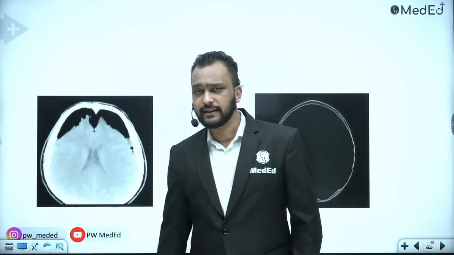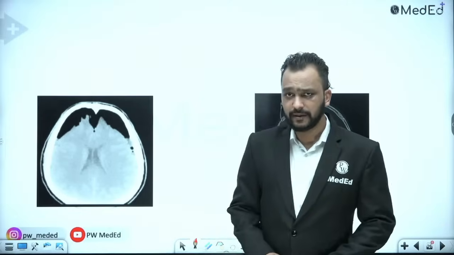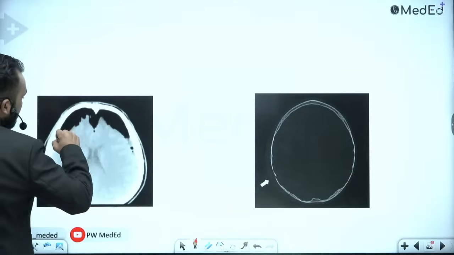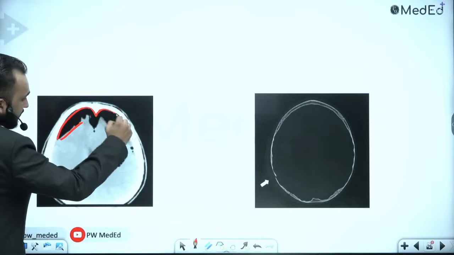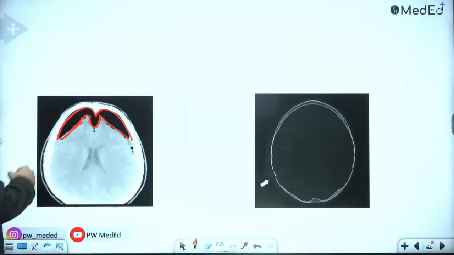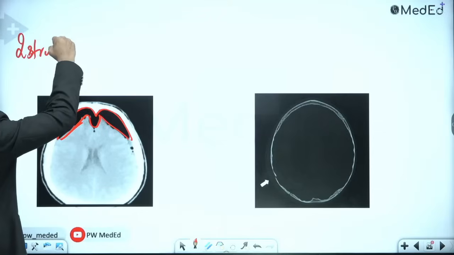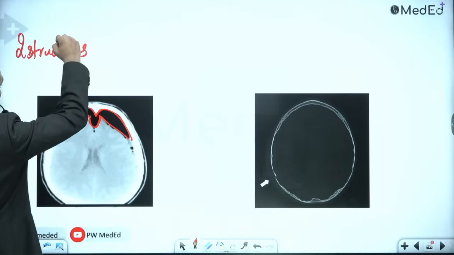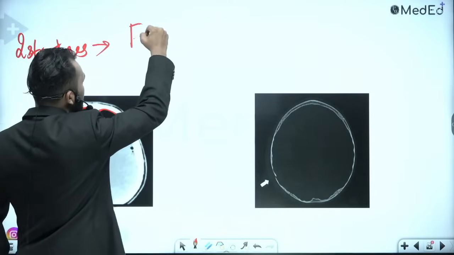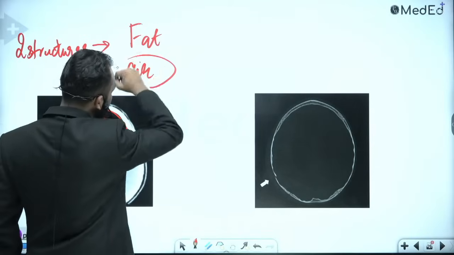Coming to another sign of trauma. Here we can see that there is a black collection anterior to the brain. So there are two structures which appear black on NCCT images. One is your fat, and the second is air.